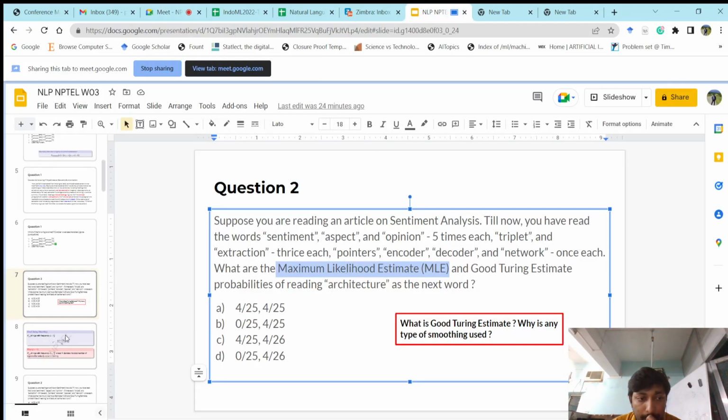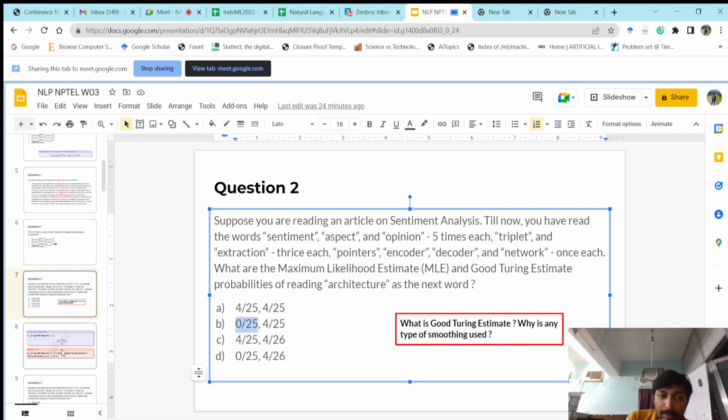Okay. So the main issue is that, for example, this word, you do not have this word in the corpus. So you do not see this word in the given question. Basically, this word is non-existent. So if it is non-existent, the MLE will be 0 because the count is 0.